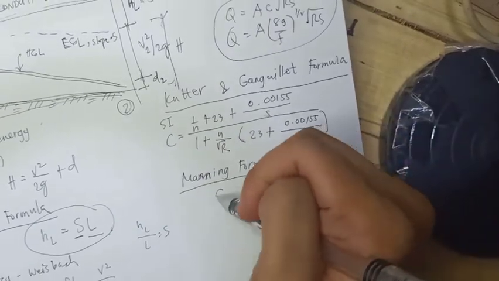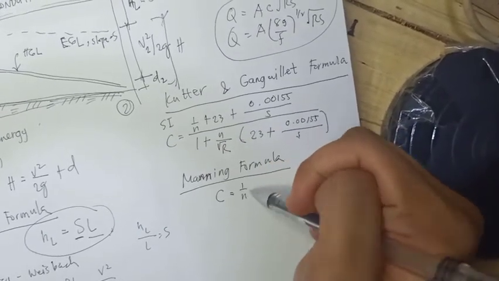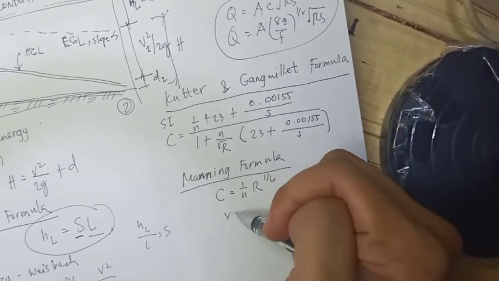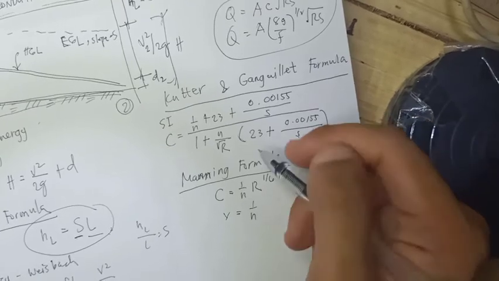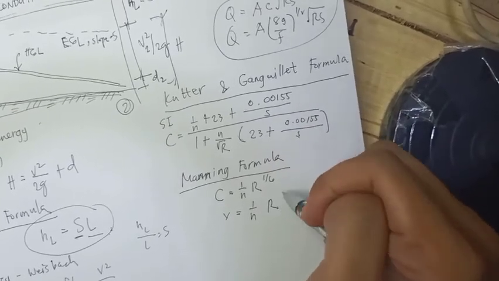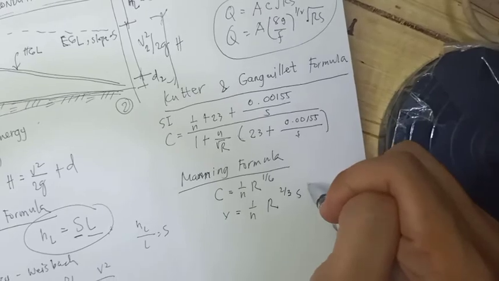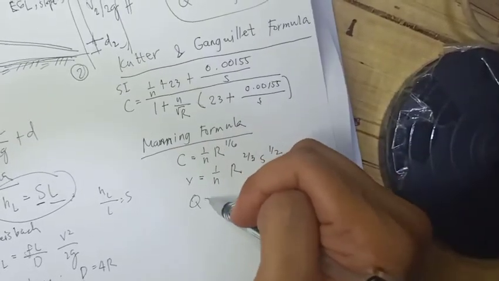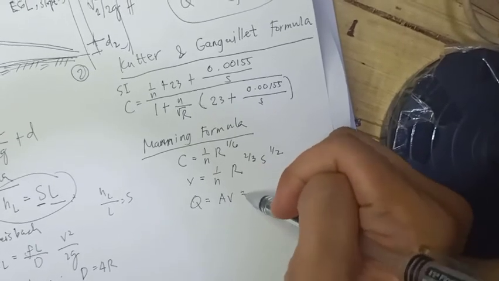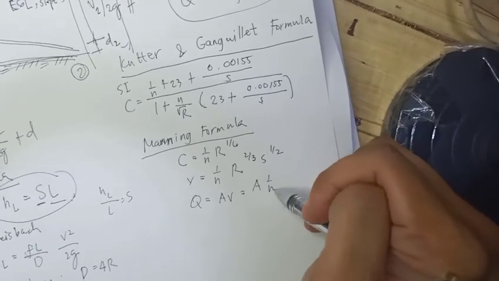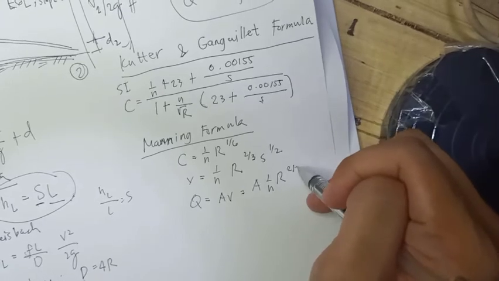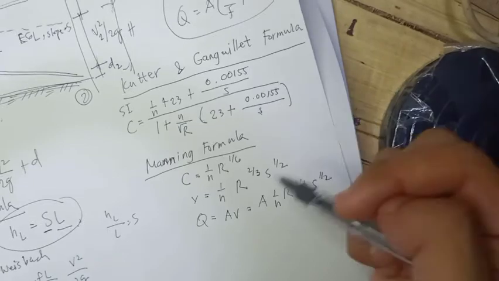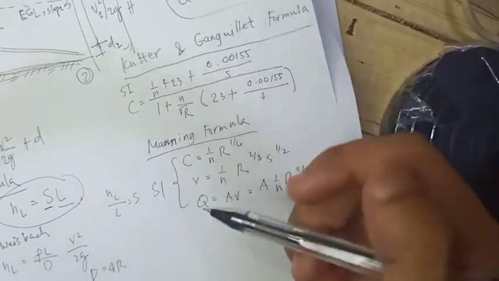C equals 1 over n times R to the power of 1 over 6, where V equals 1 over n times R to the power of 2 over 3 times S to the power of 1 half, and the discharge equals AV, wherein A times 1 over n times R to the power of 2/3 times S to the power of 1 half. Now, this is in SI.